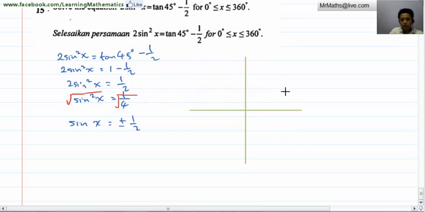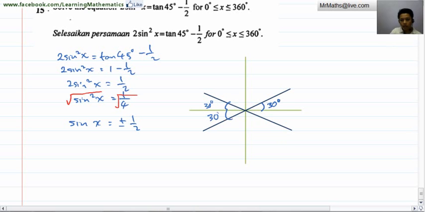Straight line. Okay. Because it is plus minus, so the answer lies in all sectors of the Cartesian coordinate.